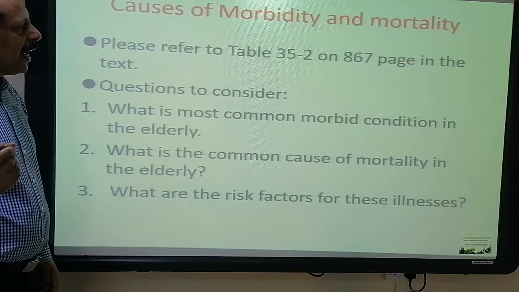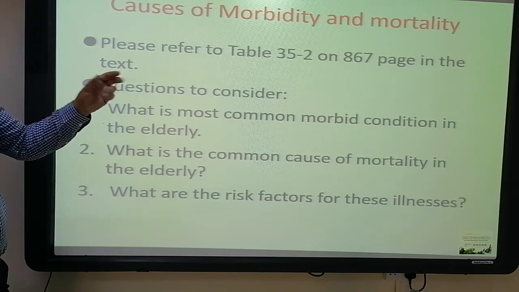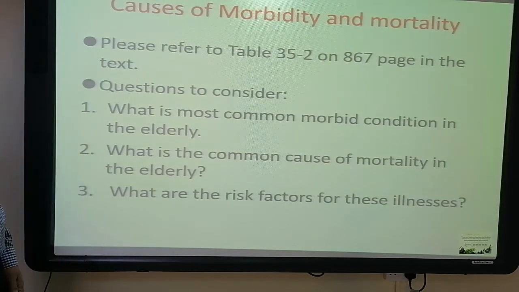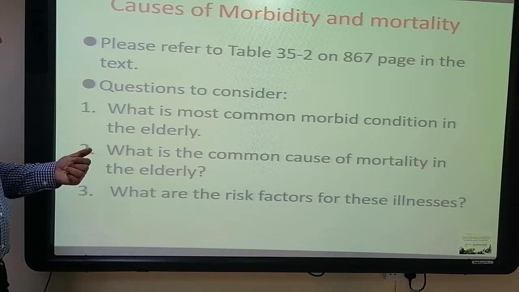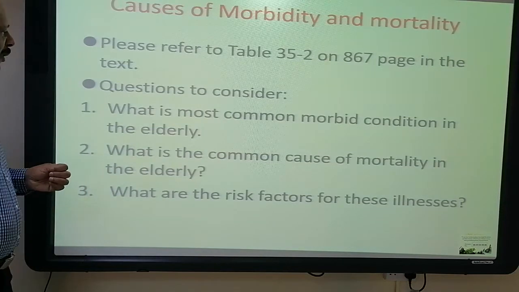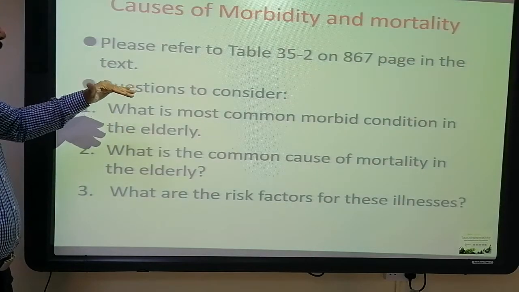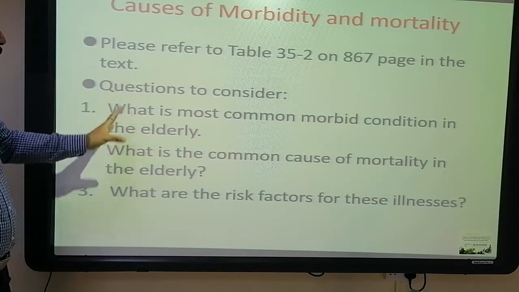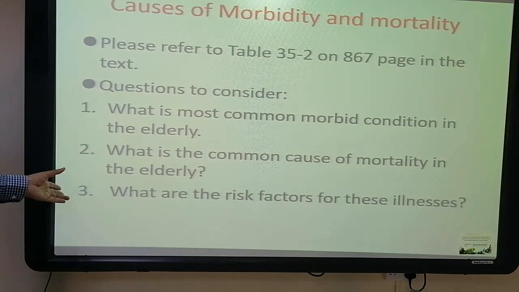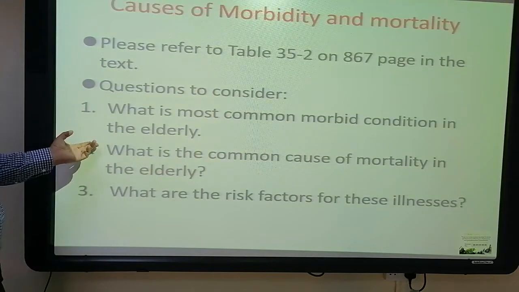For causes of morbidity and mortality, you have to refer to table 35-2 on page 867 in your textbook for more information. A question that you have to consider regarding causes of mortality, you have to find the answer for this question: What is the most common morbid condition in elderly people?